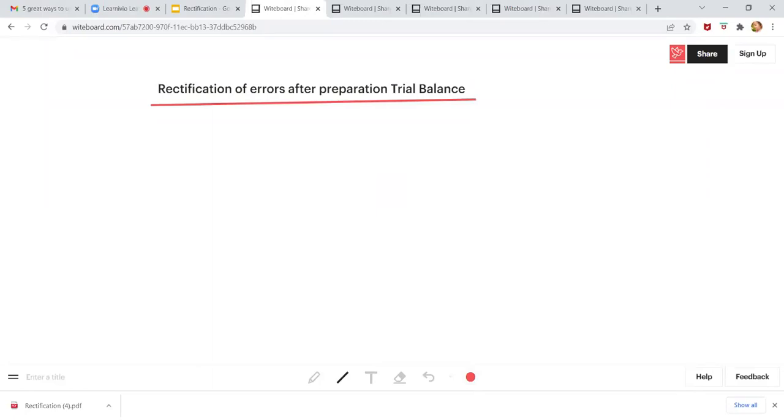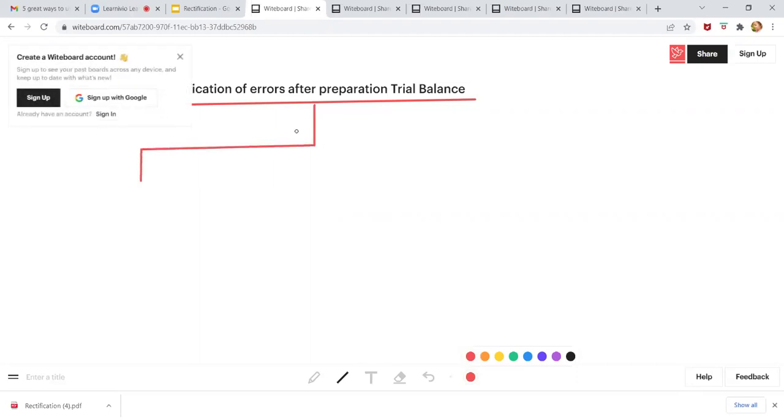So we have started this topic, which is rectification of errors after the preparation of trial balance, but before the preparation of final accounts, right? In this we were discussing one-sided error as well as two-sided error.